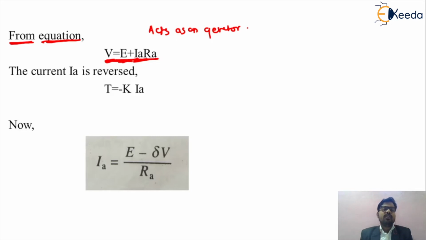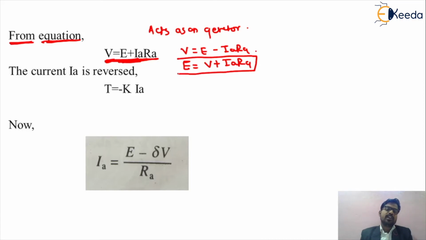But when we are using regenerative braking, the motor works as a generator. What will be the formula? That is V is equal to E minus IRA. So the value of E is V plus IRA in concern with the generator.